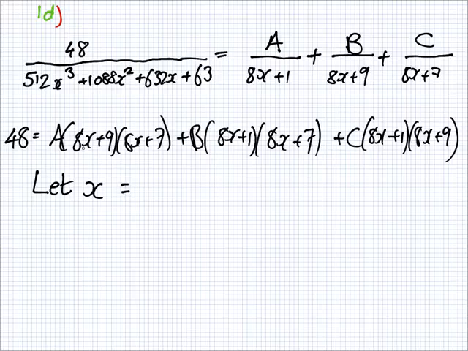I think I should let x equal minus 1 over 8, because then this will go, and then I can get the A. Okay, so get me the A, B, and C, please.